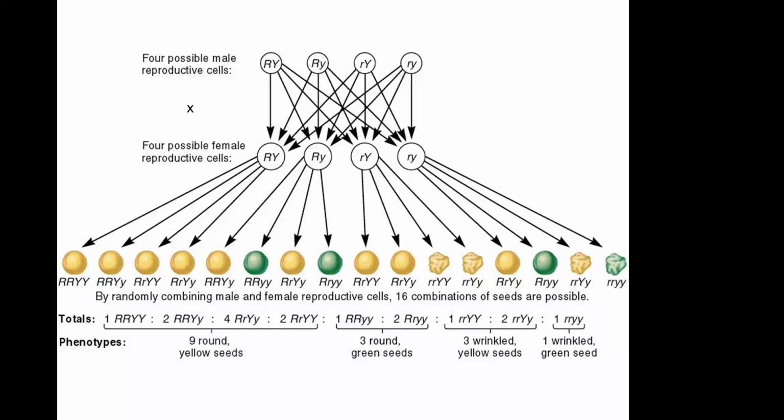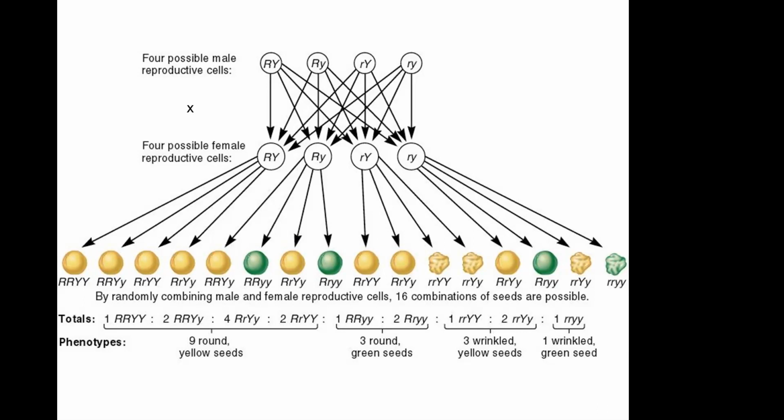So we can treat that mathematically. Genetics is just math, cleverly disguised as biology. So if you had a monohybrid ratio, you would get 1 homozygote, 2 heterozygotes, 1 homozygous recessive.